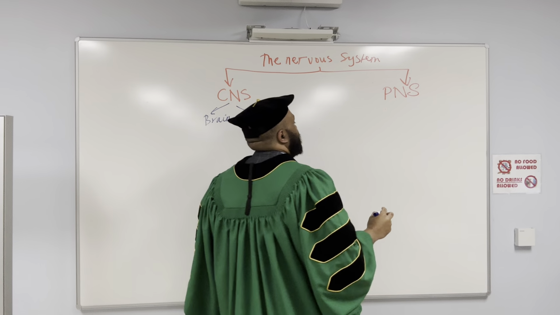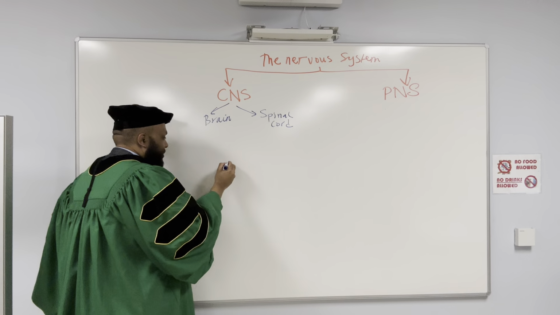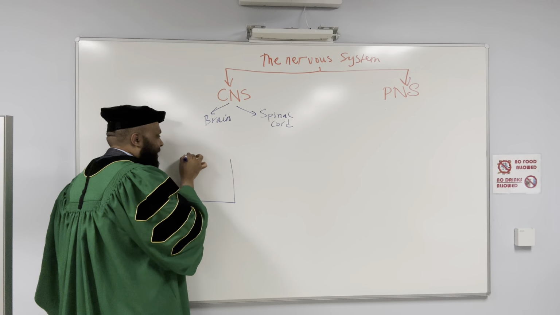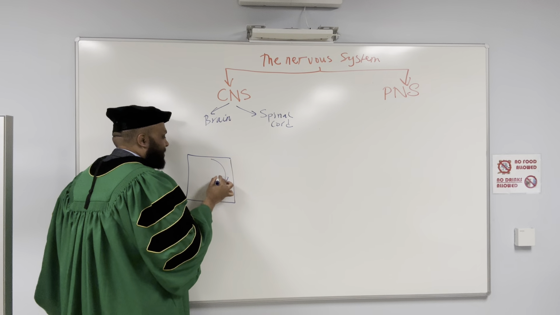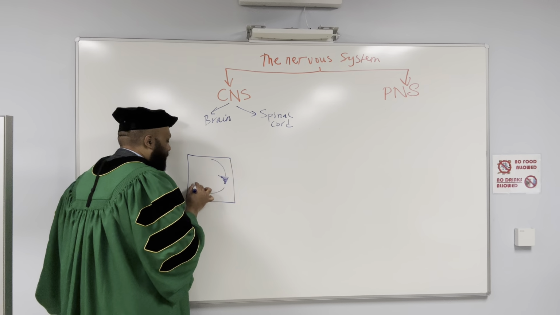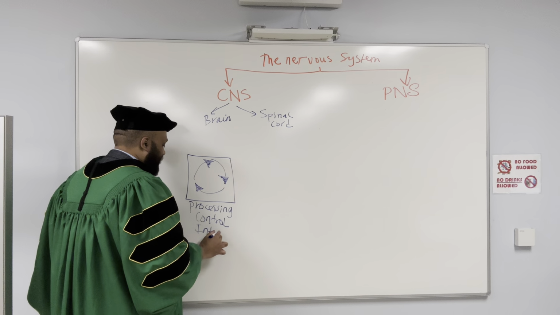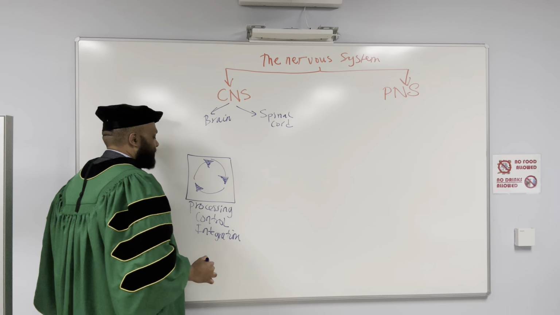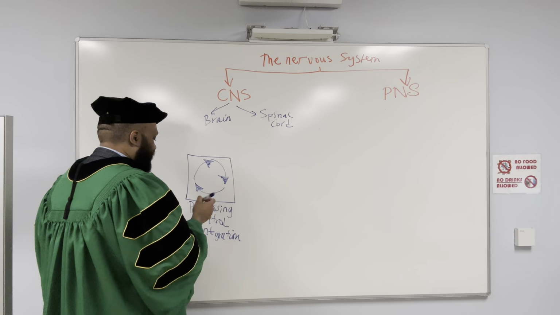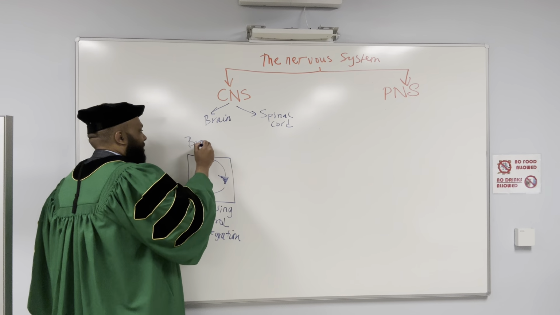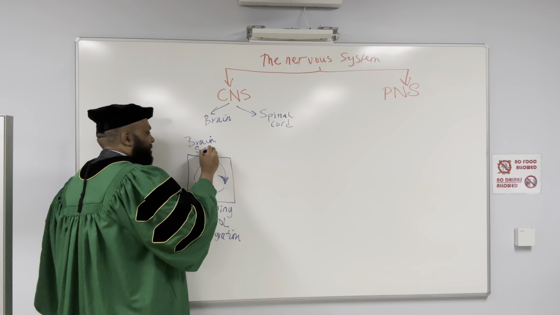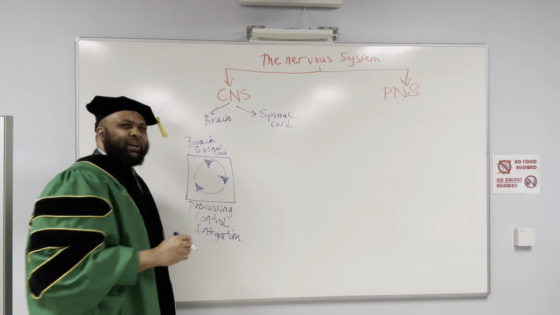And the peripheral nervous system, so think of it this way. You have a center here. This is very, very important. This center is the one that's responsible for making decisions, for processing, control, integration, and this is represented by your brain and the spinal cord. Is that point clear?